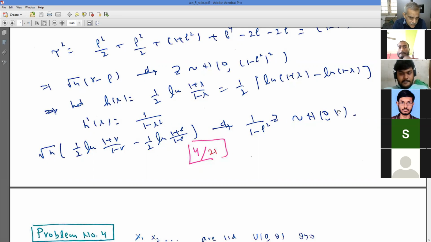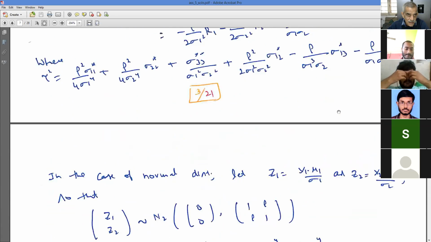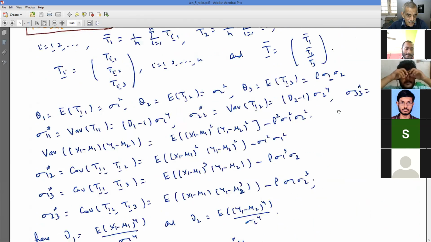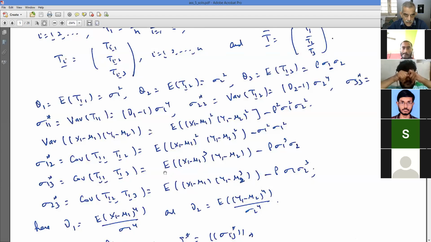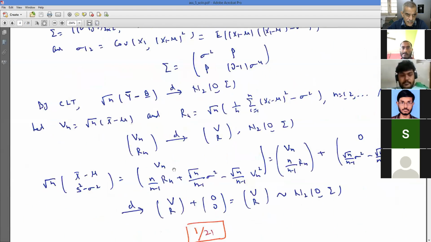Sir, can you please once again show the calculation of sigma 1 3 star? Why is it sigma cube? So let us look at sigma 1 3 star, which involves the first component and the third component.